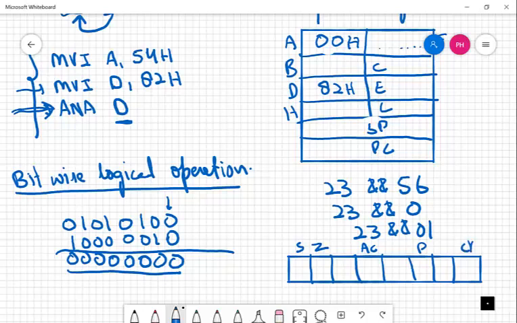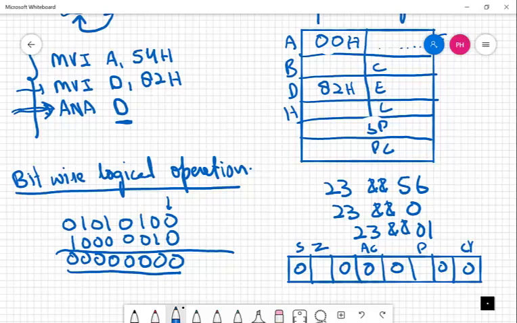So not used, initially there were all zeros here, and these bits will not be changed. There was no carry, there won't be a carry in AND operation, and there won't be an auxiliary carry. The sign, we have positive numbers.